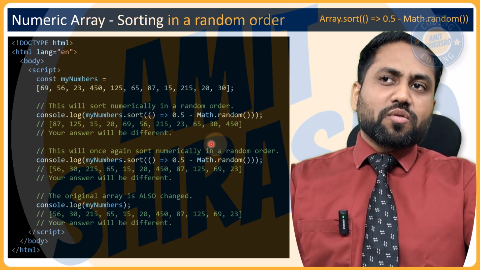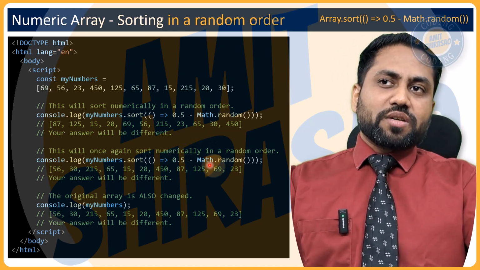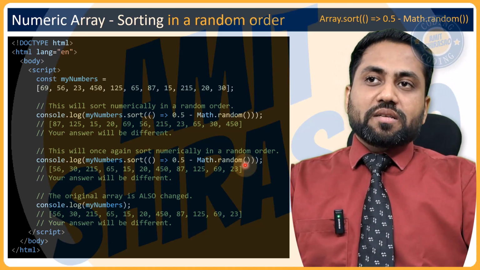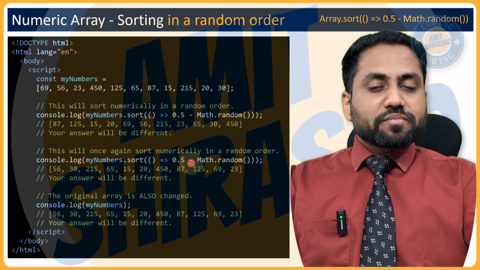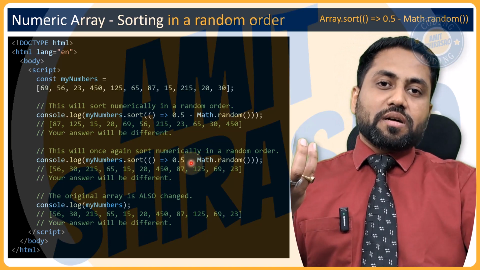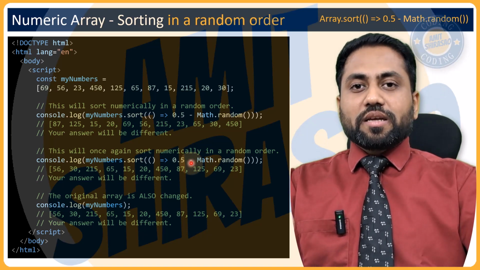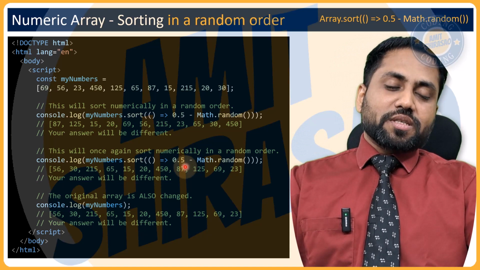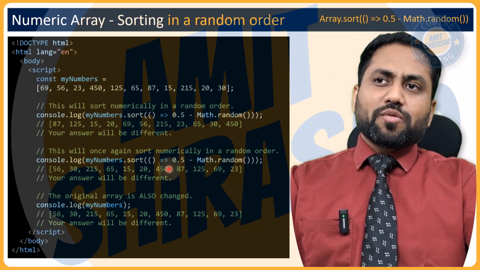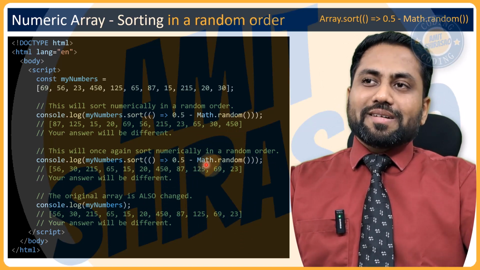If it gives equal, then this compare function is going to return 0, which means both the numbers are equal. If it gives a positive number, that means it feels that the first number is bigger than the second, and if it gives a negative number, then it means that the second number is bigger than the first number. So this is how you can use your logic to do this.